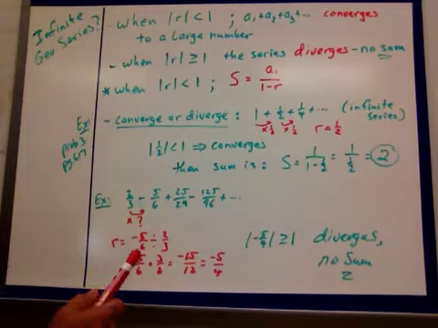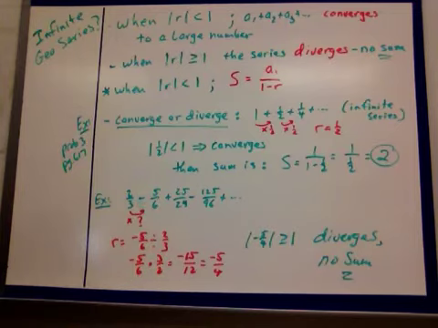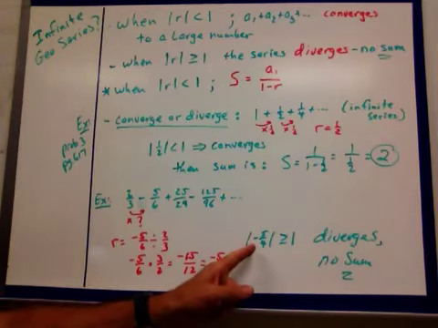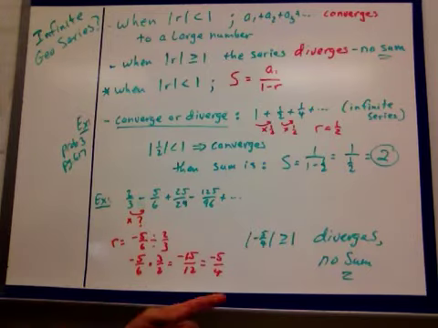So I take the negative 5/6, divided by 2/3; we change to multiplication, then take the reciprocal of the second number, you flip it. That's negative 15 over 12, or negative 5/4. That's your r. I take the absolute value of it. The absolute value of negative 5/4 is positive 5/4, which is 1 1/4. That's bigger than 1, so we diverge here. So there's no sum. You don't have to find a sum there.